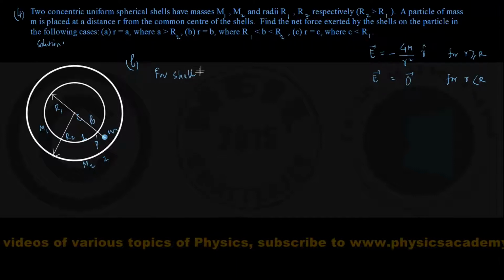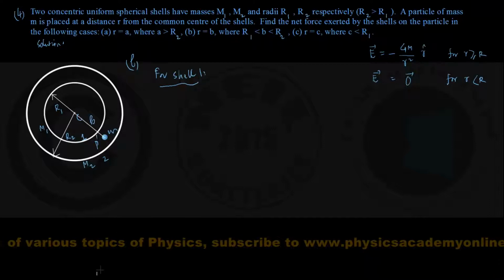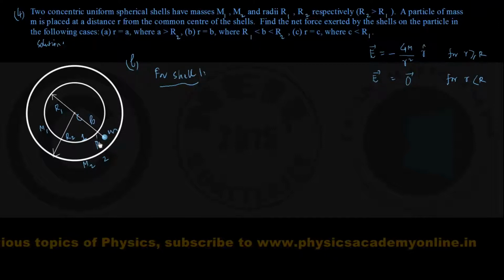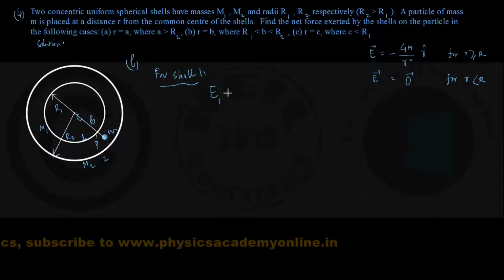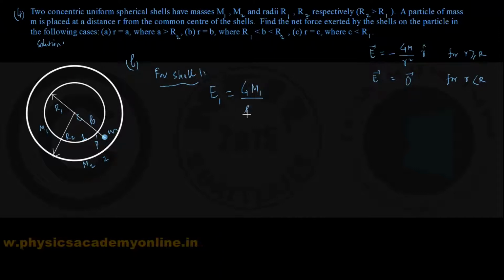Obviously, therefore I can write down once again, starting with the part B, for shell 1, which is the inner shell, gravitational field at the position p dash at distance b from the center C has a magnitude of E1 equal to G into mass of the inner shell, that is m1, divided by the distance square, that is b square only, and you understand direction is radially inwards from p dash towards C. So let me show this vector here as well, and this is the gravitational field vector E1 because of the inner shell.